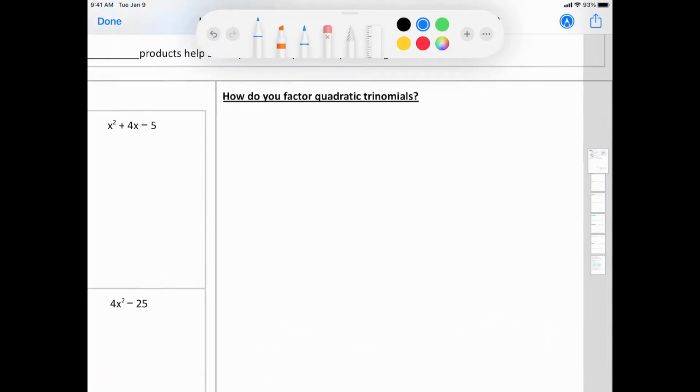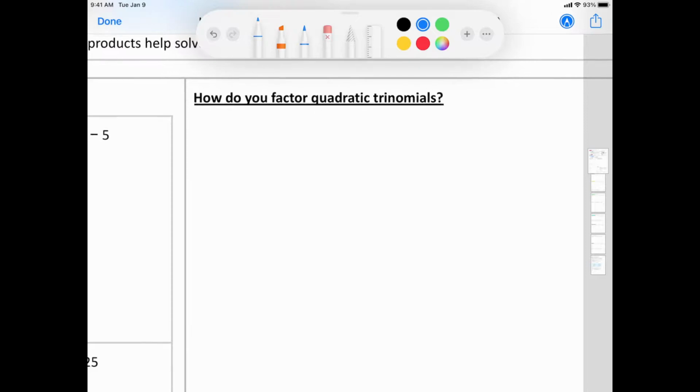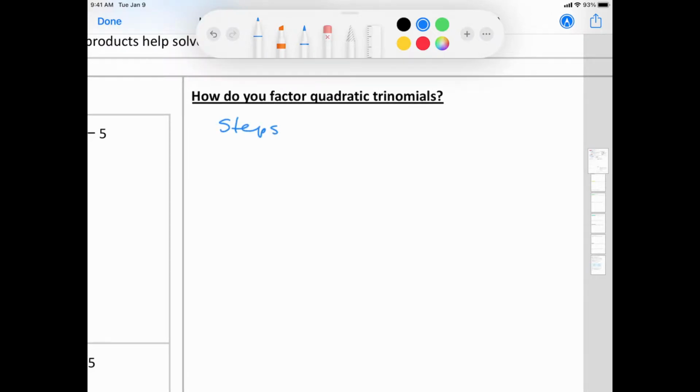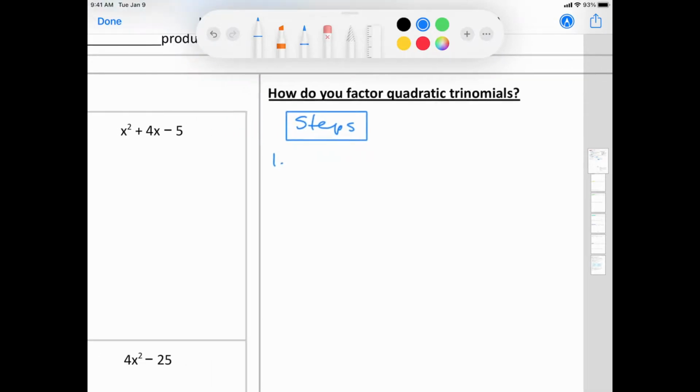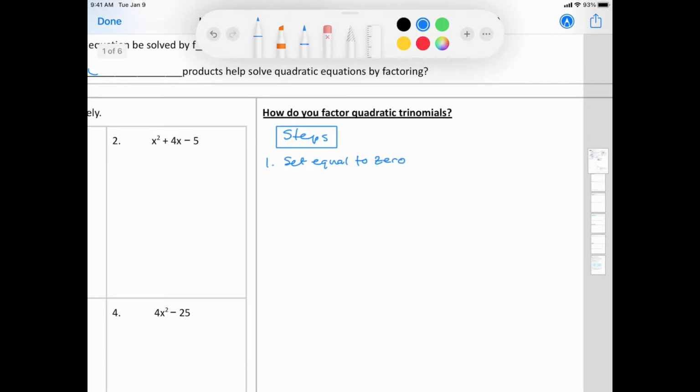All right, so before I go over the warm-up, it might just be helpful: how do you factor quadratic trinomials? Here are some steps. Step number 1, set equal to 0. You basically want everything on one side of the equation. Number 2, I want you to look for the greatest common factor.